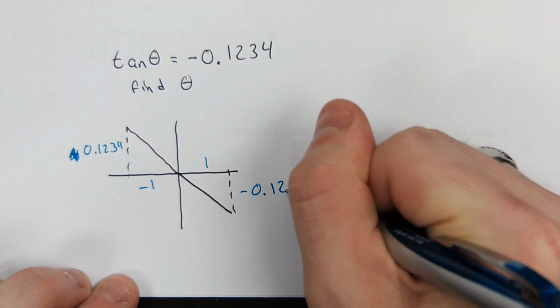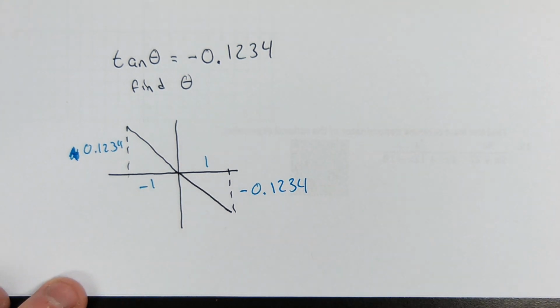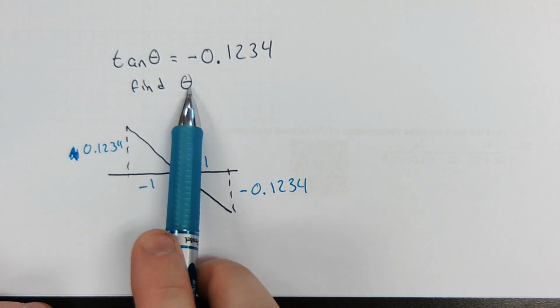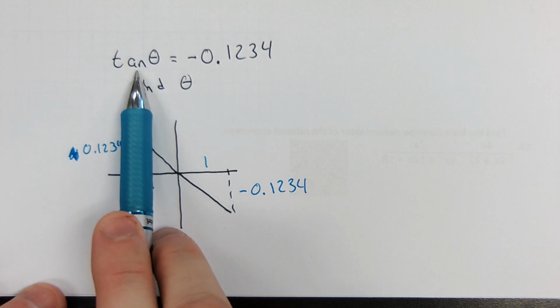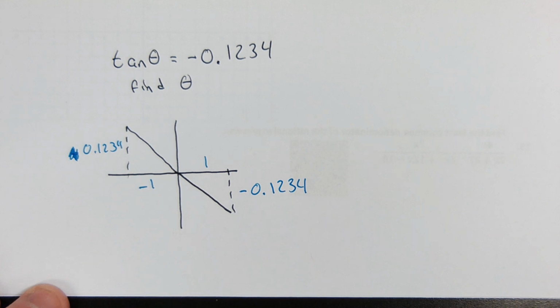Either way, tangent of theta will be negative 0.1234, right? But in order to get theta by itself, I'm going to have to utilize tangent inverse. To cancel this tangent, I need to use tangent inverse.